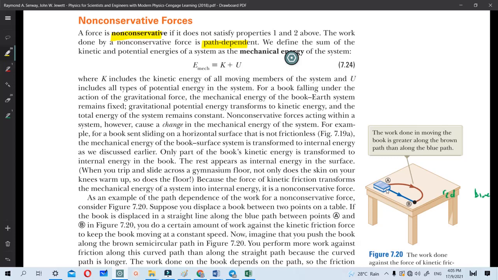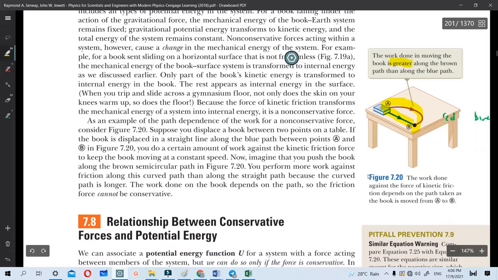In the case of friction between surfaces, you find that the red one has a larger distance, but you still end with the same position. You start at A and end at B, but you take a different distance. So you find that the work by friction is greater for the red one, not the work done, because it has a longer path taken.